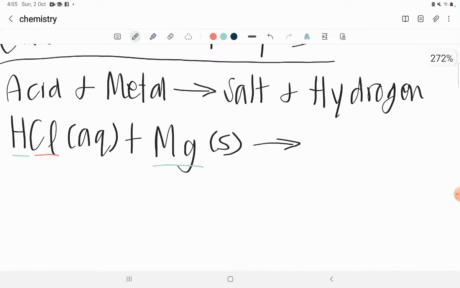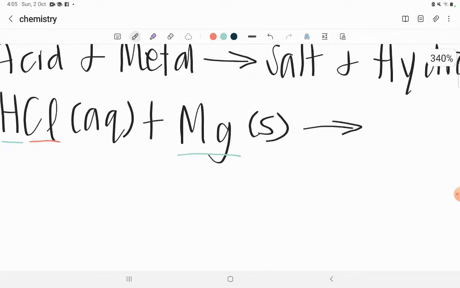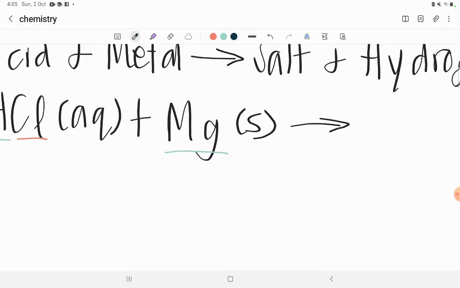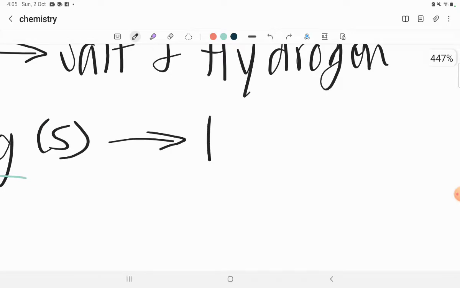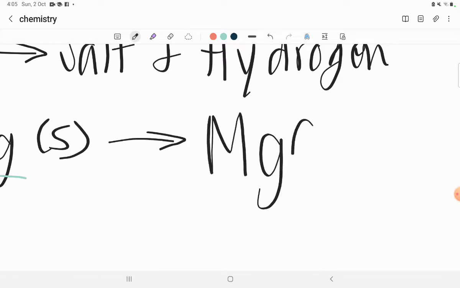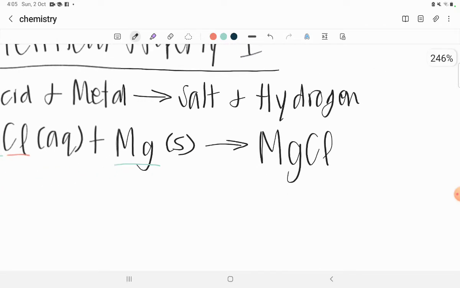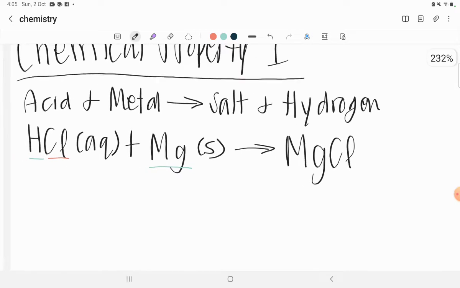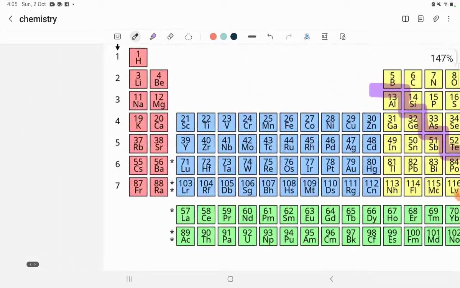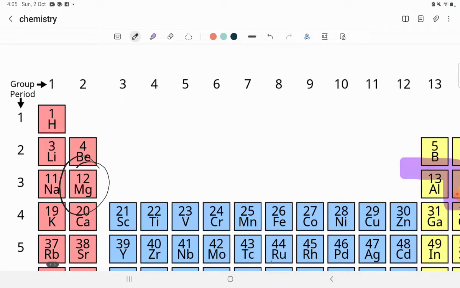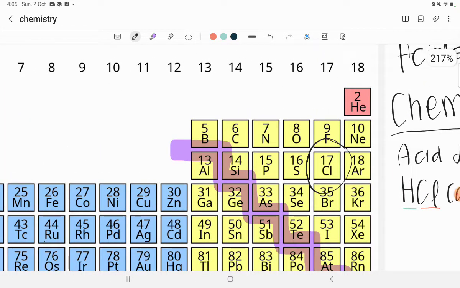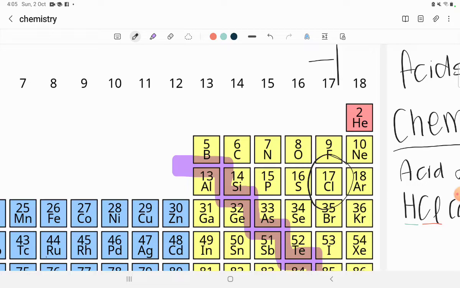After the reaction, the salt that would be formed would be magnesium chloride. Now we have to look if it's balanced. Magnesium is over here, which means it has a charge of 2+, and chlorine has a charge of -1.